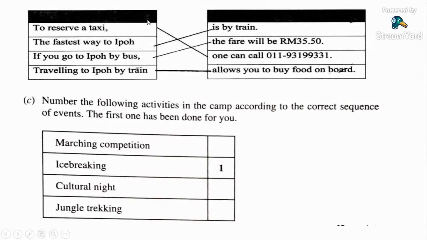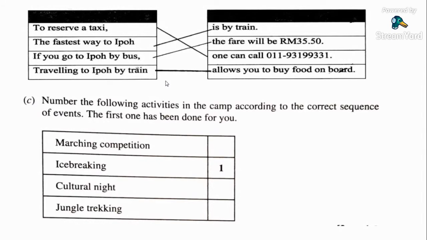And for matching, just do straight lines like this. Don't scribble all over. Some kids like to do wavy lines. You have to remember the person who's marking your paper is a human also.